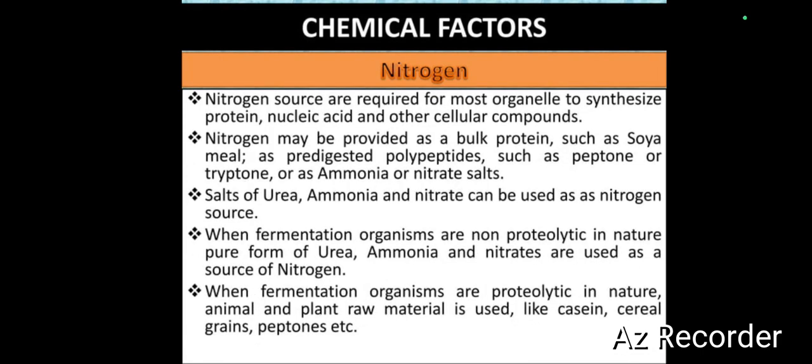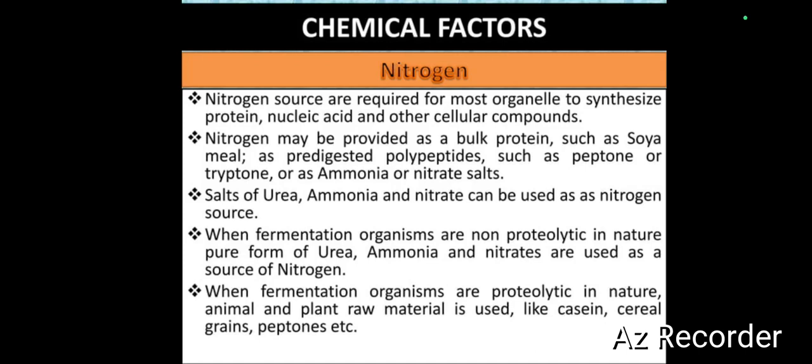Nitrogen sources are required by most organisms to synthesize protein, nucleic acid and other cellular components. Nitrogen may be provided as bulk protein such as soya meal, as predigested polypeptides such as peptone or tryptone, or as ammonia or nitrate salts. Salts of urea, ammonia or nitrate can be used as a nitrogen source.